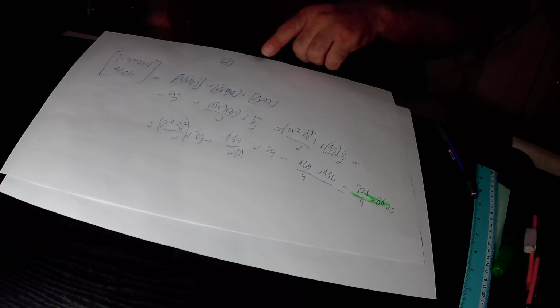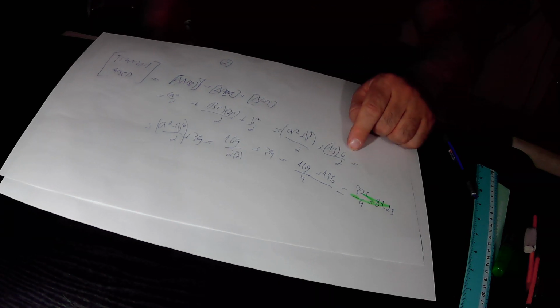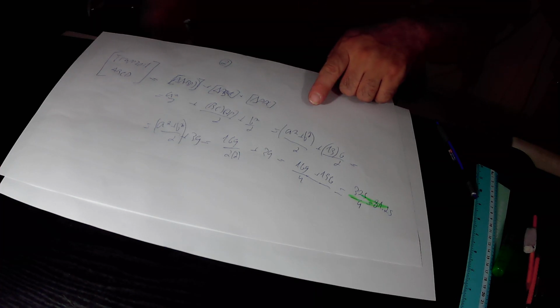We also have BC in total, 13, times QP, which is 6, over 2. 6 over 2 is 3, and 3 times 13 is 39.